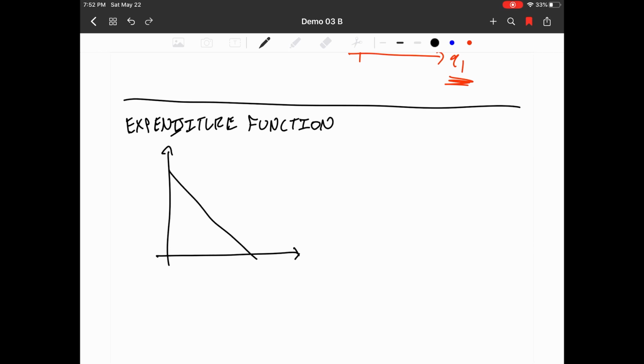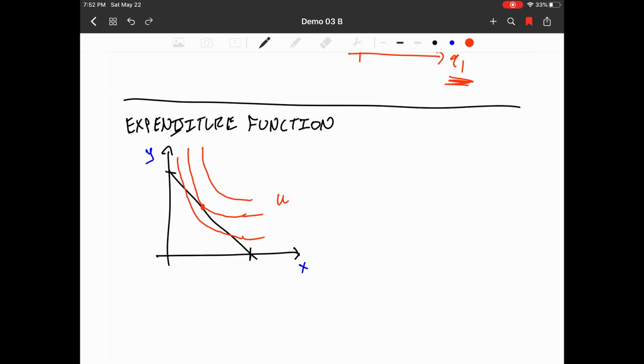So we had a budget line and our income was fixed. And we tried to find an indifference curve that was tangent to some fixed budget line. And we looked at a range of indifference curves.